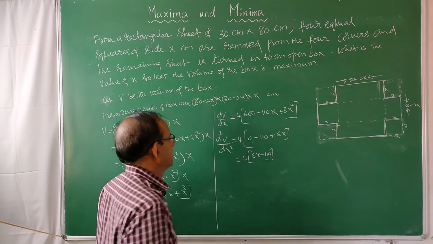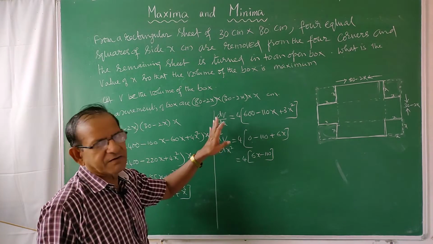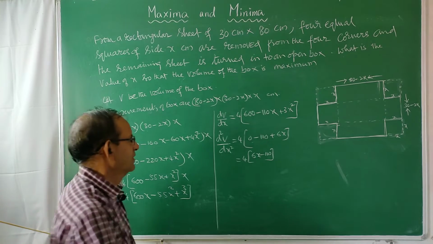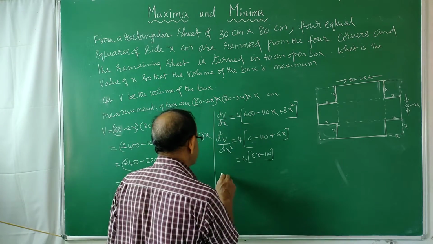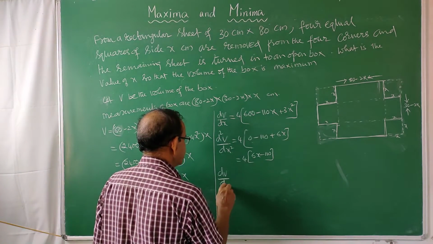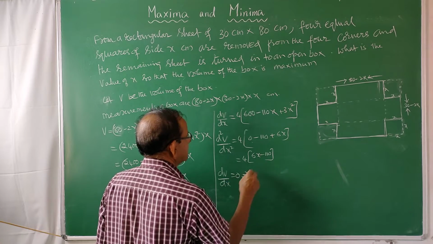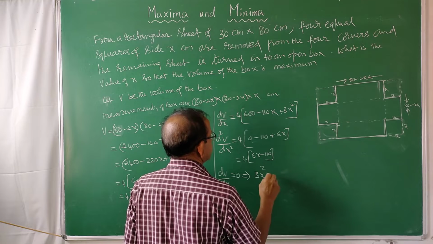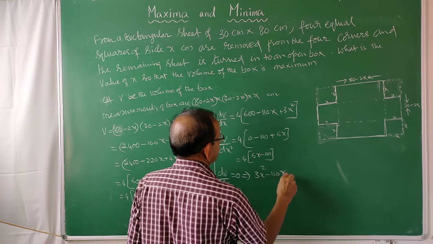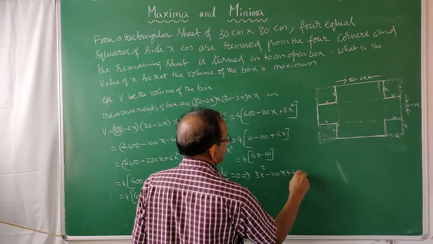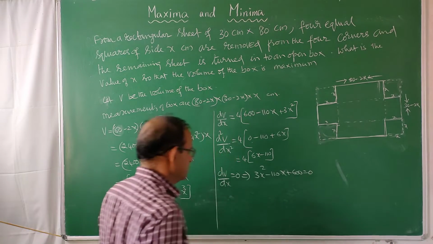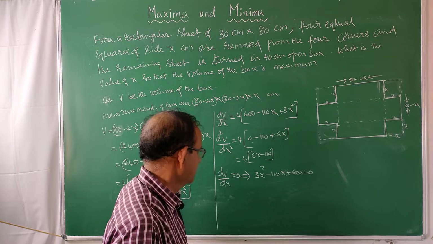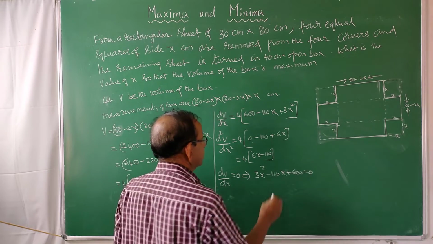Keep it like that. Now to get the stationary values, we have to take the first derivative equal to 0. That means dV by dx must be 0. 4 is not 0, so the bracket must be 0. 3x square minus 110x plus 600 is equal to 0. 3 into 600 is 1800, so 90 and 20 you can use.